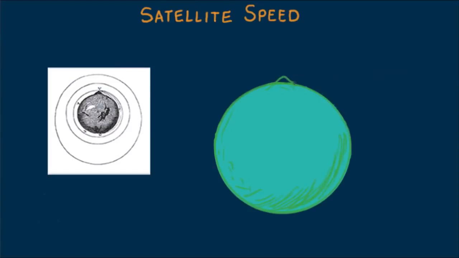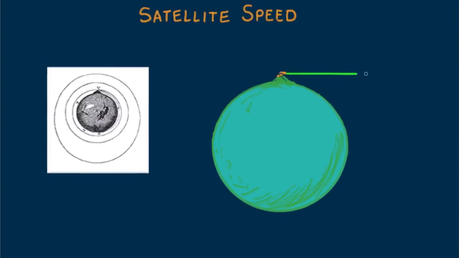Let's call this Newton's mountain, which we'll imagine is high enough to be above the effects of air drag. Let's put a cannon at the top of the mountain. If there were no gravity, then a horizontally fired cannonball would follow a straight line path. But there is gravity, so a fired cannonball would fall beneath this straight line path.